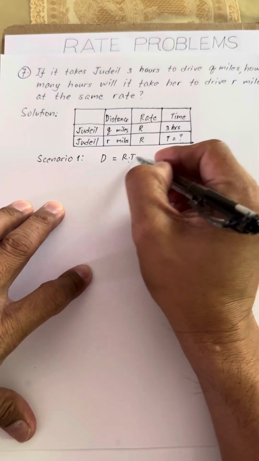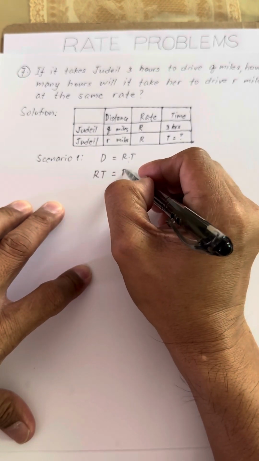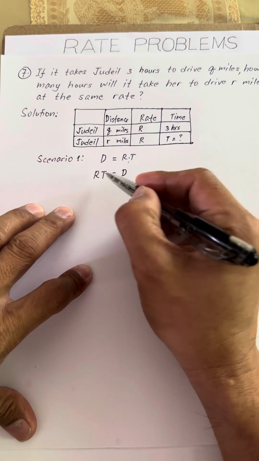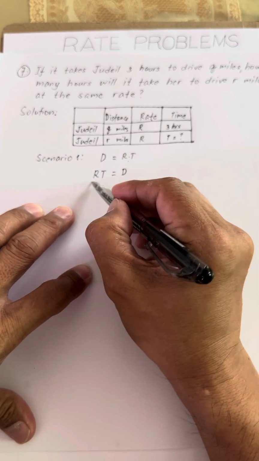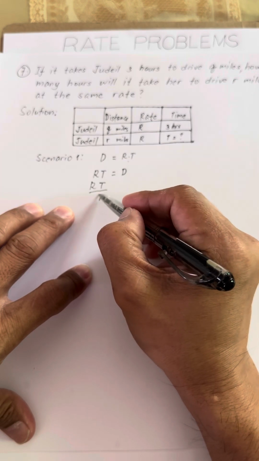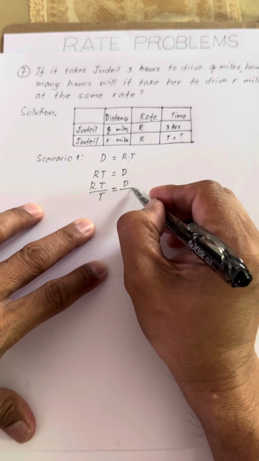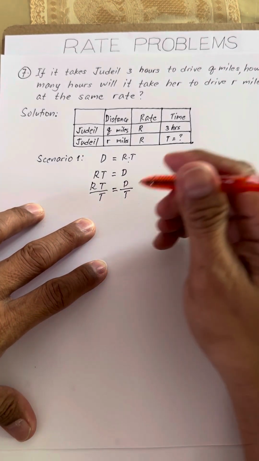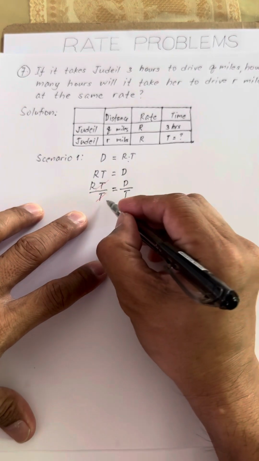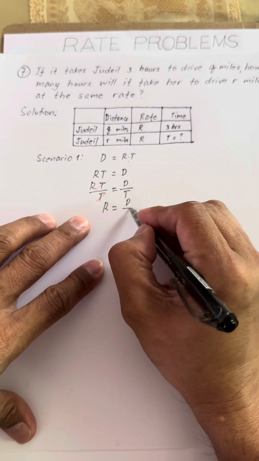And I can rewrite this as rate times time equal to D. And then since we want to solve for the rate or R, we divide both sides by T. Okay, R times T divided by T because we want to solve for R. So D divided by T. Numerator we have T, denominator we have T, so T cancels out, leaving R on the left side. So R equal to D over T.